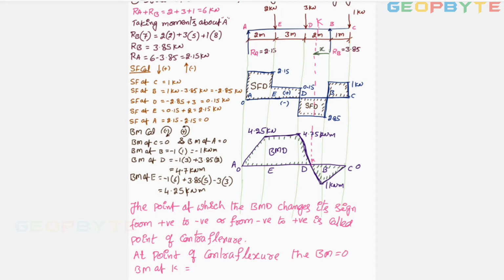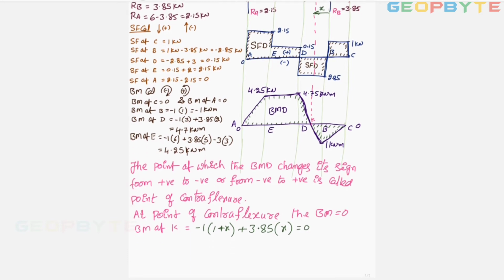Then BM at K equals minus 1 into, look at the diagram, minus 1 into the distance up to K, 1 plus x, plus the moment due to reaction RB, 3.85 times x. It must be equal to 0.